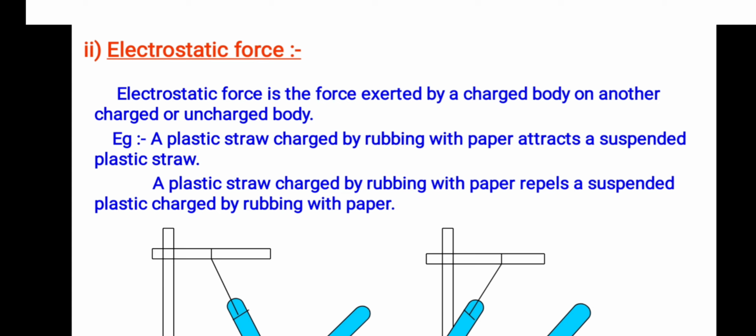Okay, I repeat, the glass rod acquires the property of attracting light objects like bits of paper, straw, pith balls, dry leaves, or even dust particles towards it. The glass rod is said to be electrified or charged.